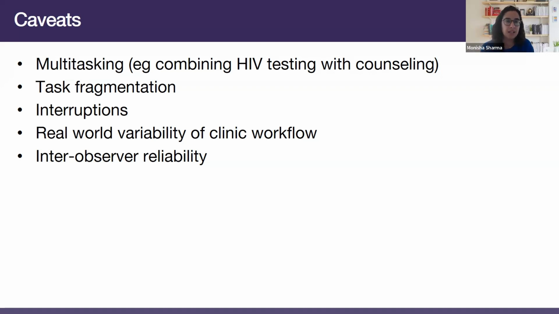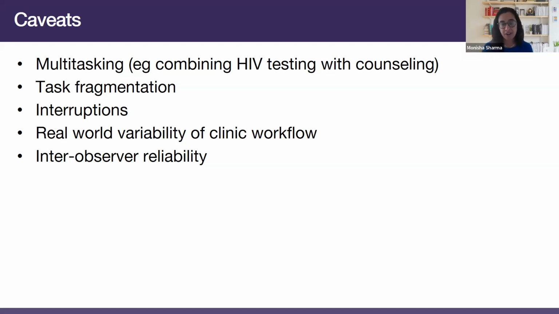For example, often when we've observed HIV testing, we are estimating pre-test counseling, HIV test, and then post-test counseling. But some of these happen at the same time. As a counselor is conducting the HIV test and drawing blood, they're also doing the pre-test counseling. So we can't really separate those two activities, and we have a time that's associated with both of them.